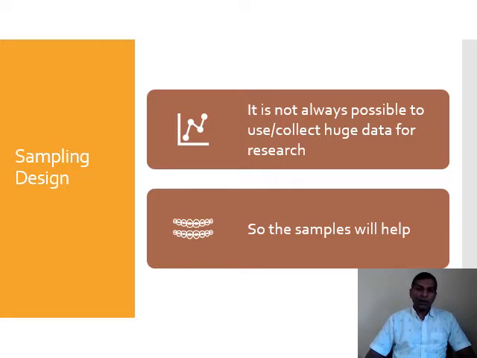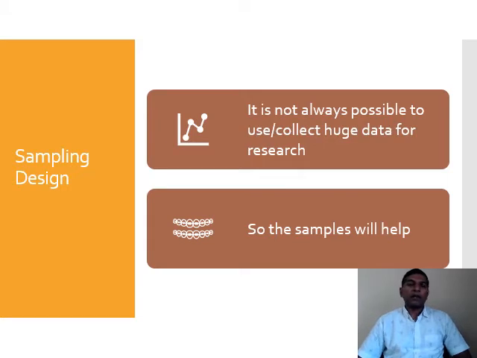For example, if we use census data for understanding the mindset of the people, say the census of Maharashtra state, then it's in crores. So it's highly impossible to use the complete data for our own methods.